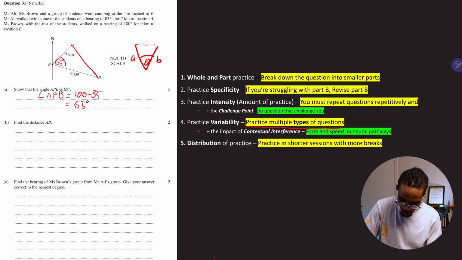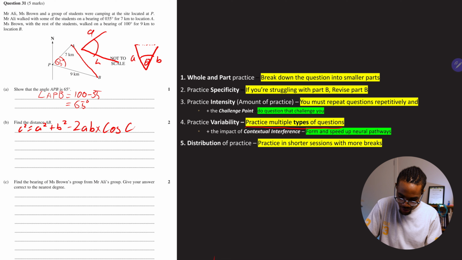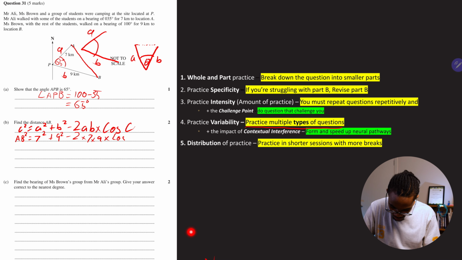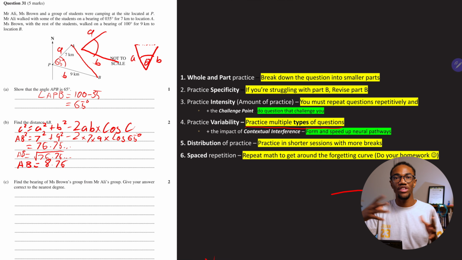So C squared equals A squared plus B squared minus 2AB times cos C. This is just the formula straight from your formula sheet. Just plug in the numbers. We've got that ice cream cone shape here. So AB, and then that shape in there, and then we just plug the numbers in. So that's how we go through these types of questions.